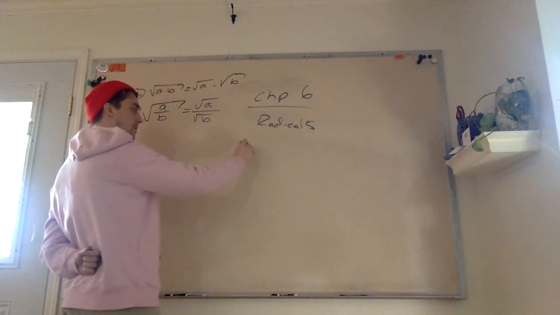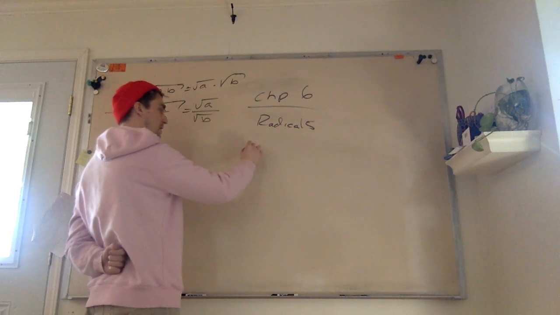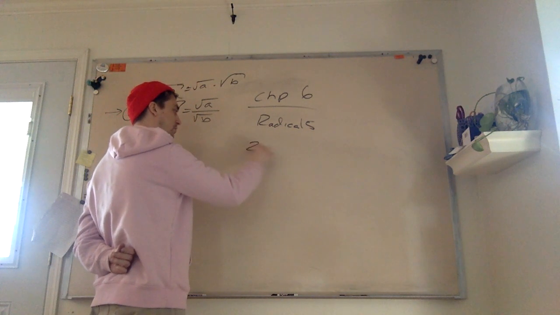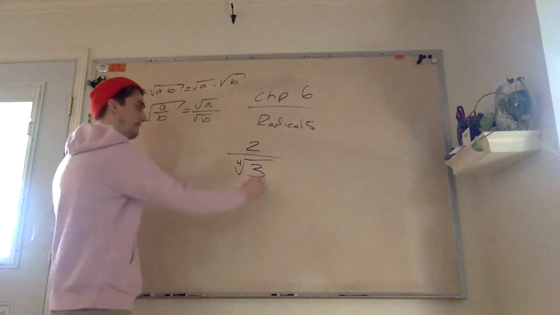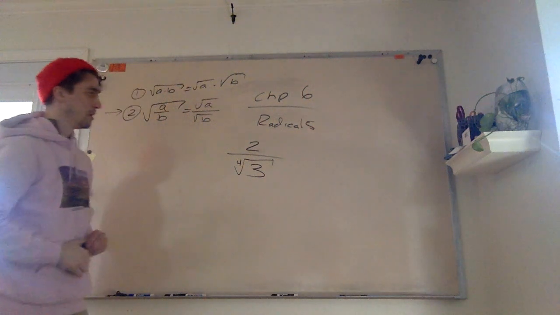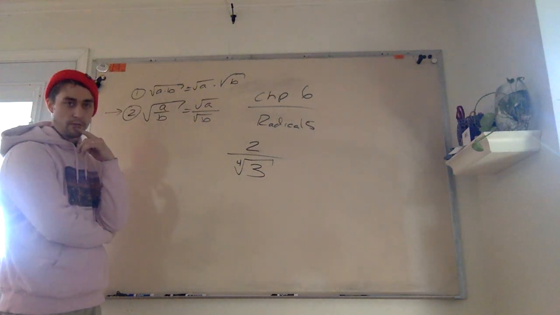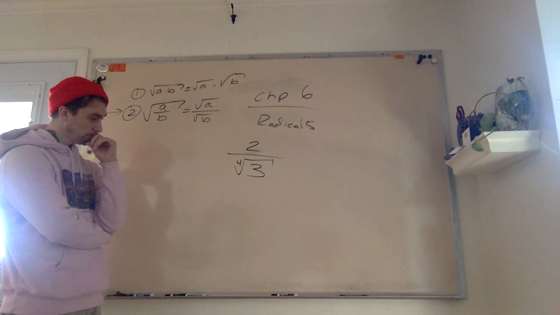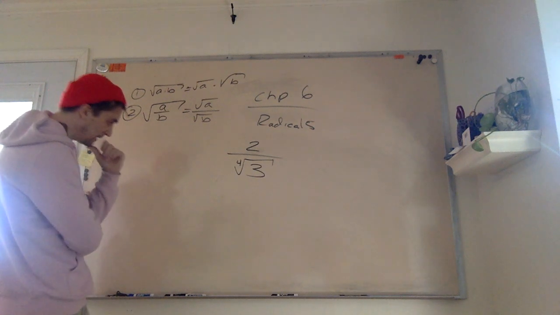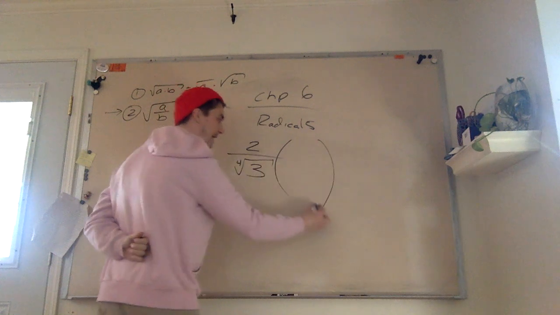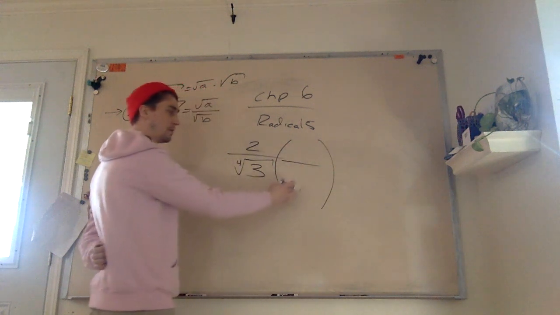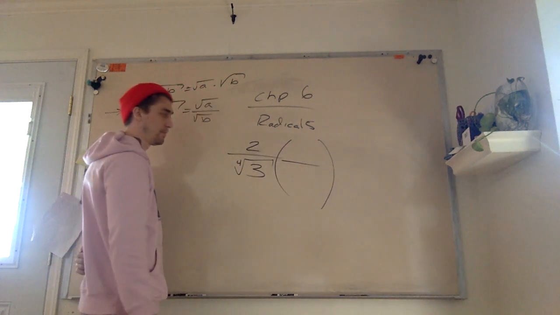Cool. All right, so here, let me give you one to try. I'm just going to do a higher one to make a point. So how about 2 divided by the 4th root of 3? Rationalize the denominator. Give that a try. What you should do is multiply this by something, the same thing on the top and the bottom.